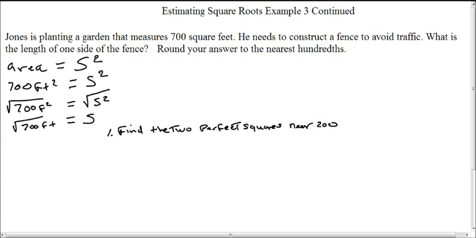I said 200, my mind is thinking about the last problem, so forgive me. 700 is what we're looking for. So here I have 676, and I have 729.